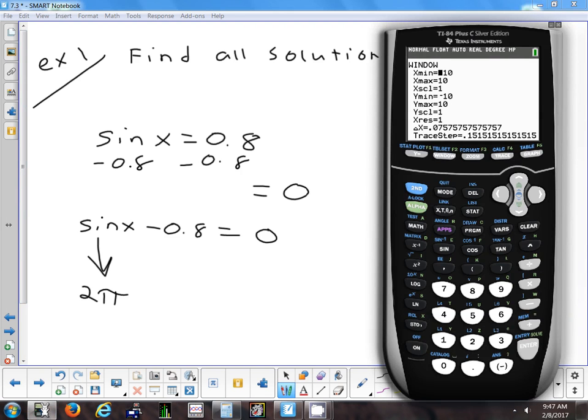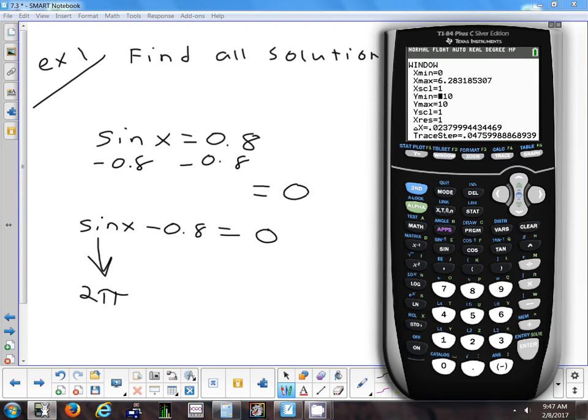So I'm only looking at one period on the screen. You want to make one negative pi and one positive pi? You could. You could do negative pi to positive pi. Or you could do 0 to 2 pi. As long as you take x max and subtract x min, and you get 2 pi. Okay? In this case, I think what I'm going to do is just stick with non-negative answers. So from 0 to 2 pi.